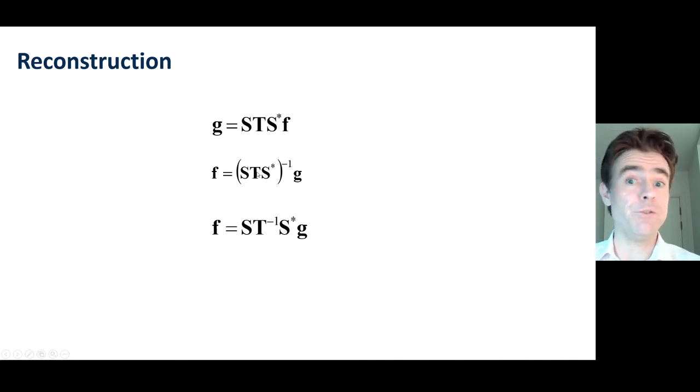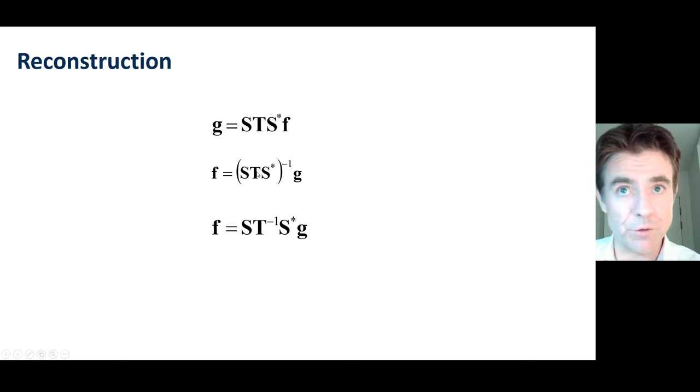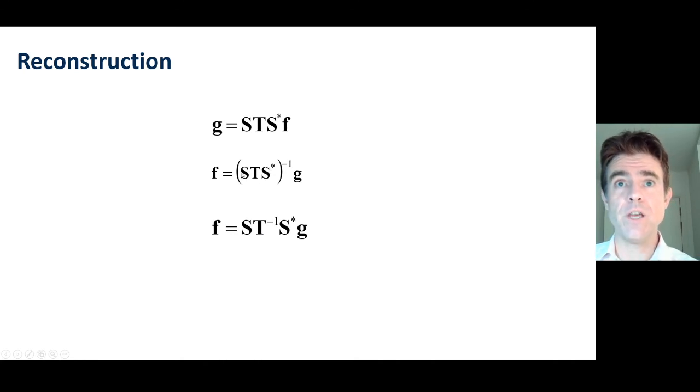Inverse of T: this was the whole point, otherwise we would not have done this. T is diagonal, and therefore its inverse, T minus 1, is extremely simple. You just take the reciprocal of all of those elements in the diagonal. And finally, the inverse of the Fourier transform, S star, is S. So S went to S star, T went to T minus 1, S star went to S, and that gives us the reconstruction F.